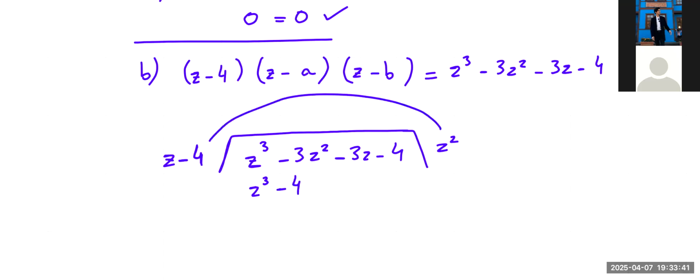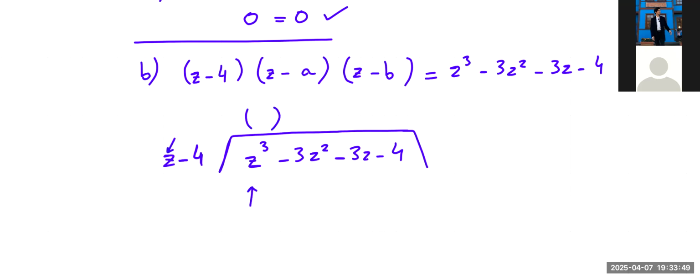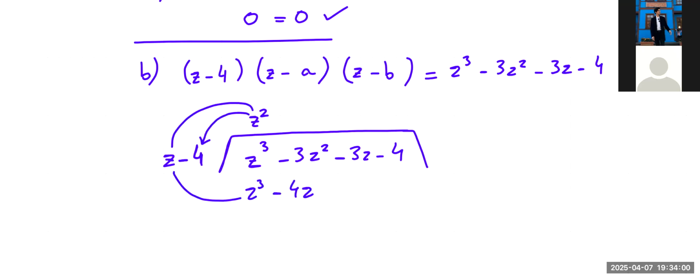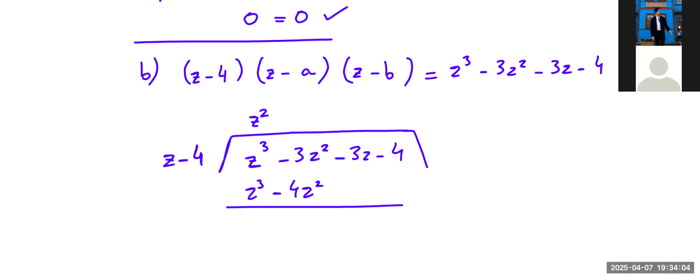So basically what I'm doing, let me remind you, is trying to find something that I can multiply z with to make a z cubed appear here. So I pick z squared. By picking z squared, I get z cubed here. However, collateral damage: I multiply z squared with minus 4 and I get a minus 4z squared here too, right? That just has to happen because this was my goal.